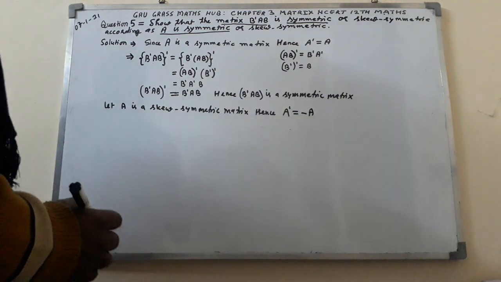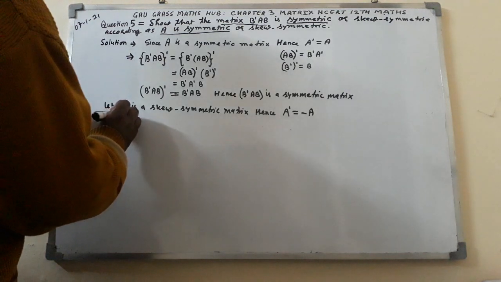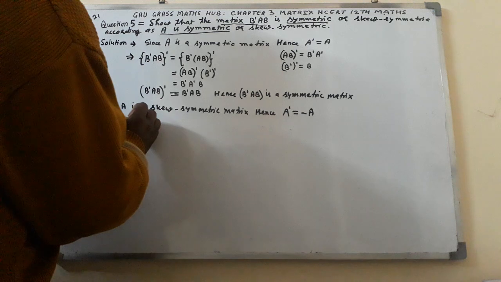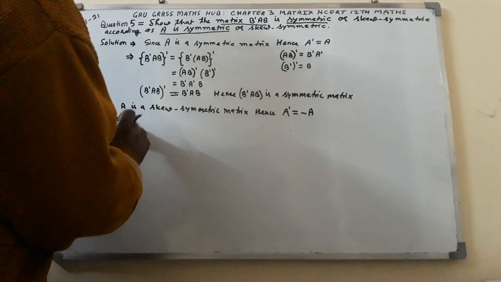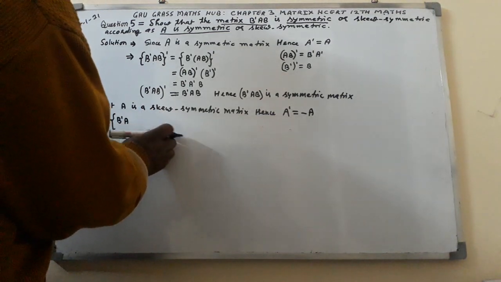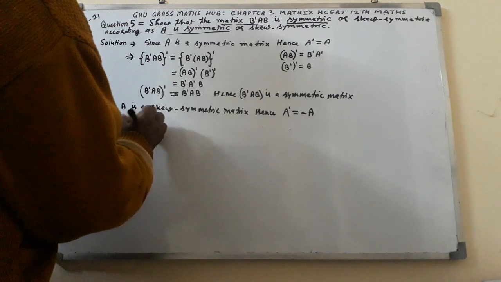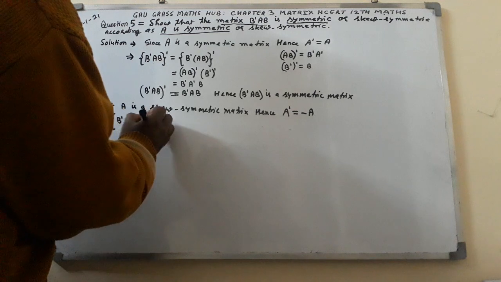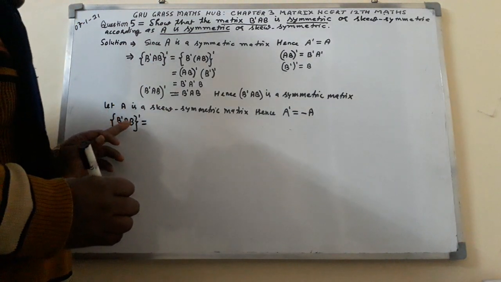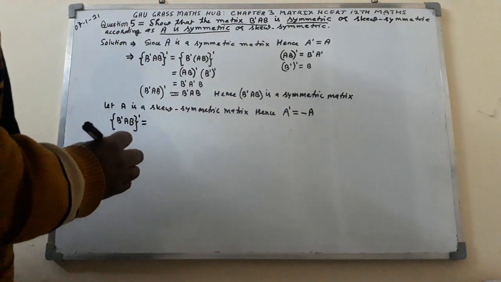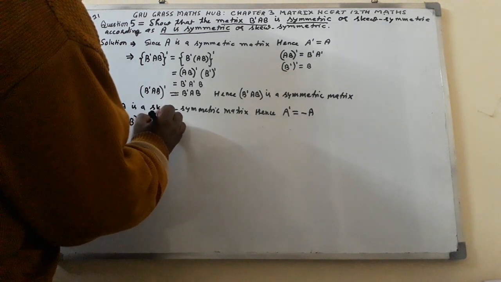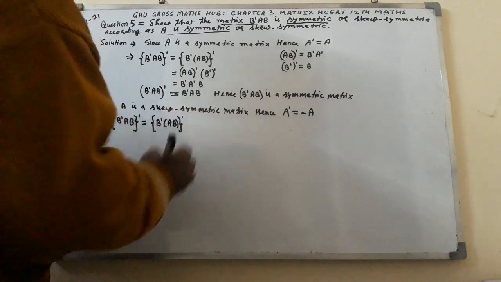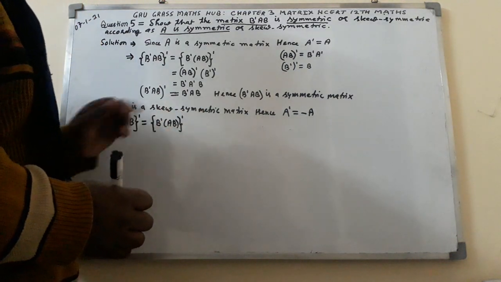The similar way I shall write: open a curly bracket, the transpose of B dash AB, which will be B dash in bracket AB, this one.